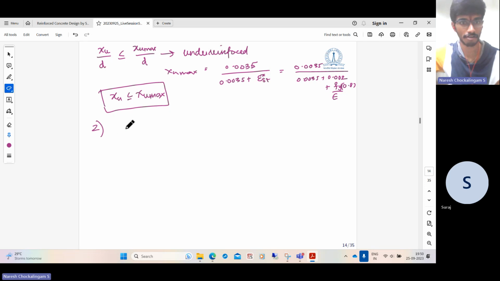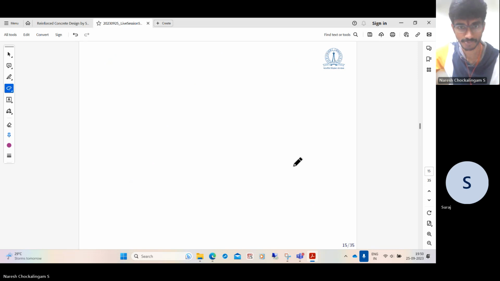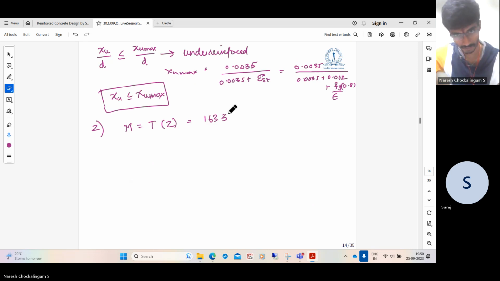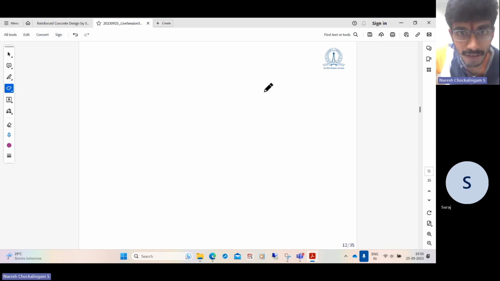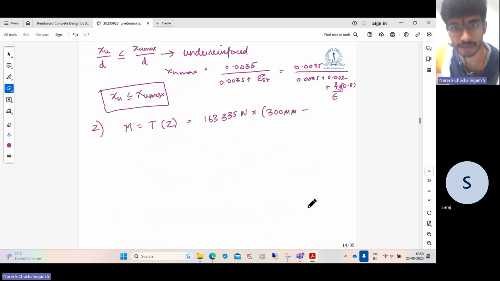Therefore, directly go to step 2. M is equal to tension times Z. Here the tension is 163,335 newtons, multiplied by Z. Z is D minus 0.42 X. What is D in this problem? X is 90.74.